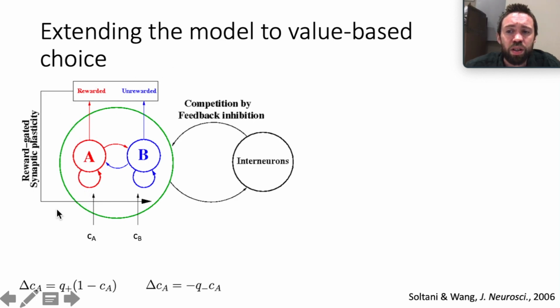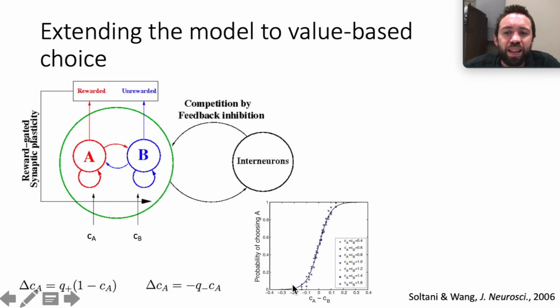However, if you make the choice and it's unrewarded, you might make the input onto population A a little bit weaker. And this is updated as such, a very simple set of equations. If you choose choice A, the strength of the inputs onto A are increased if the choice was rewarded, and they go up towards this maximum value Q. And if you choose choice A and it wasn't rewarded, it goes back down a little bit.